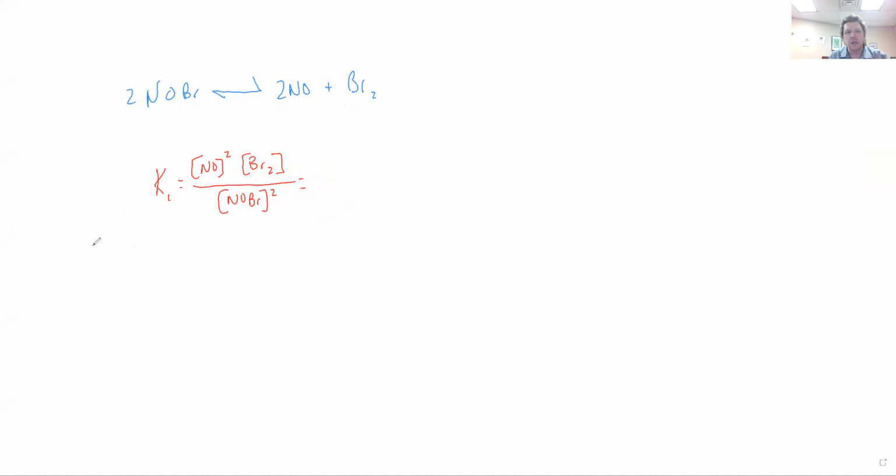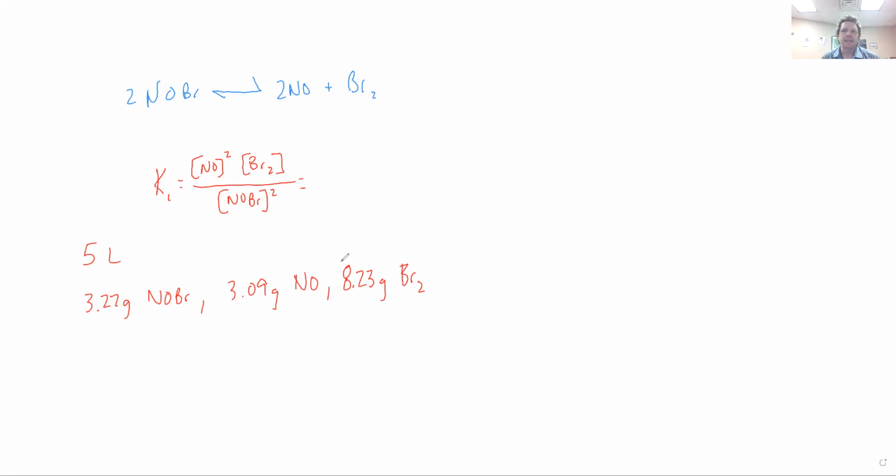It says that this is all taking place in a 5-liter reaction vessel. We have 3.22 grams of NOBr, and this is all at equilibrium. We've got 3.09 grams of NO. And finally, we've got 8.23 grams of Br2.